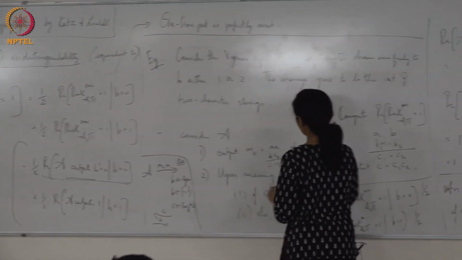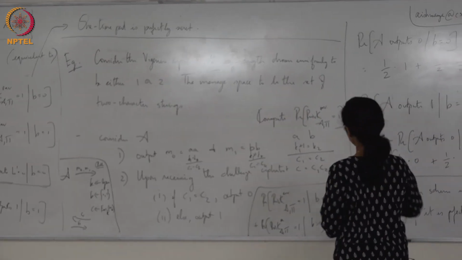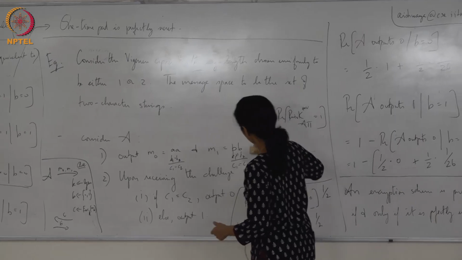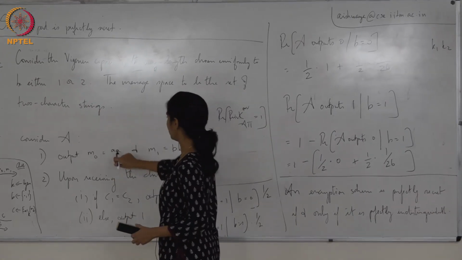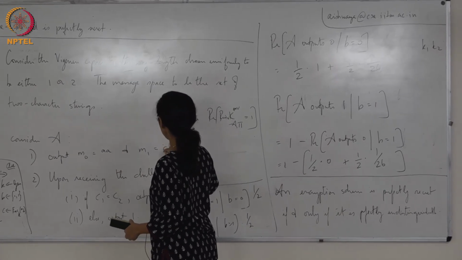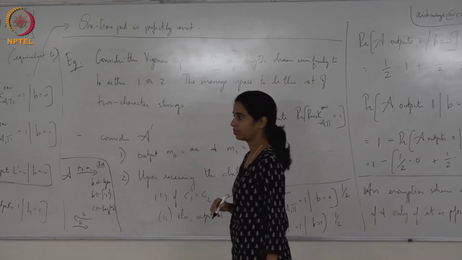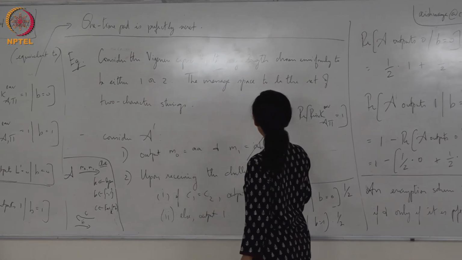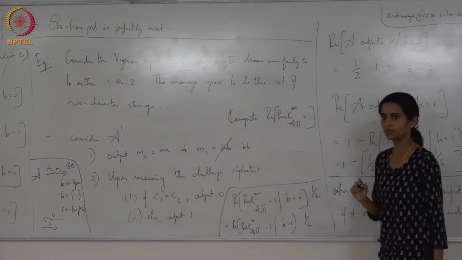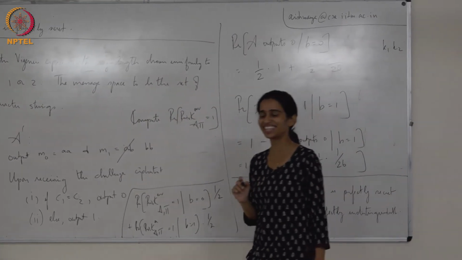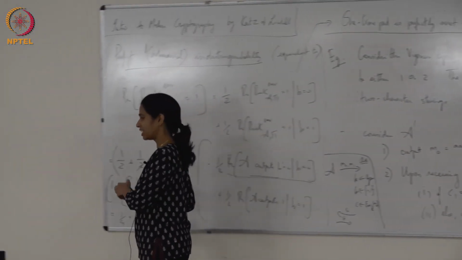In the example we considered, M0 = AA and M1 = AB. I am now defining another adversary A prime, where I am defining M1 as BB. Thinking, okay. So maybe I'll let you think about it for a minute already, and I will take guesses.